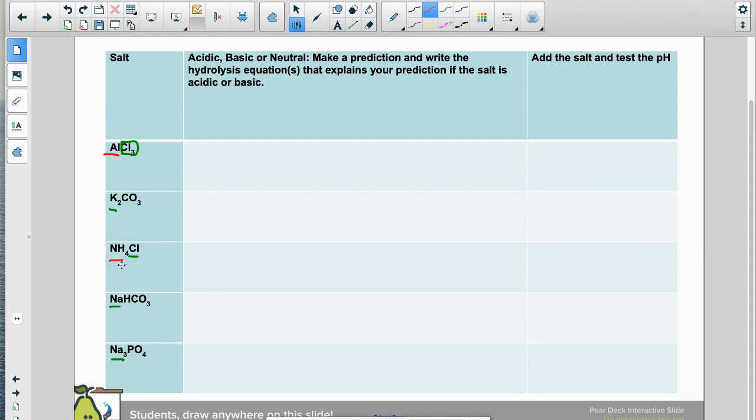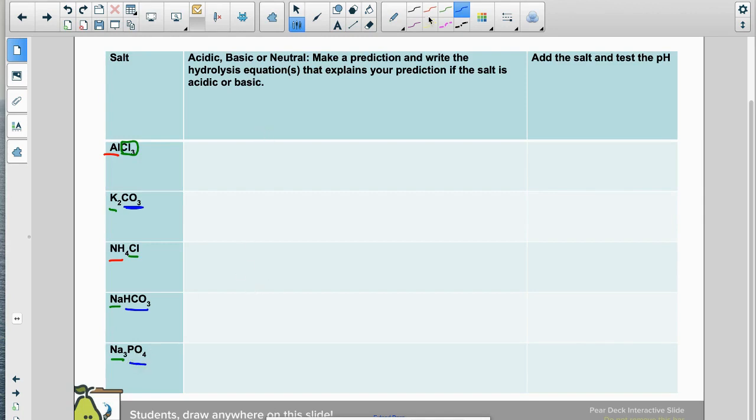NH4+ is the conjugate acid of a weak base. And then our basic ions are the anions. This is not from a strong acid, so that's going to be basic. This is not from a strong acid, so that's going to be basic, and same with the PO4 3-.